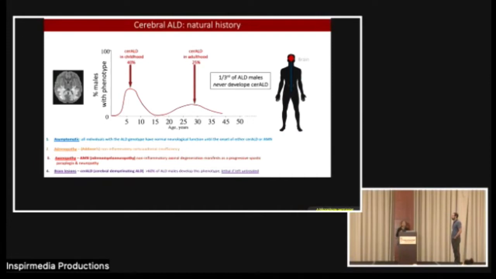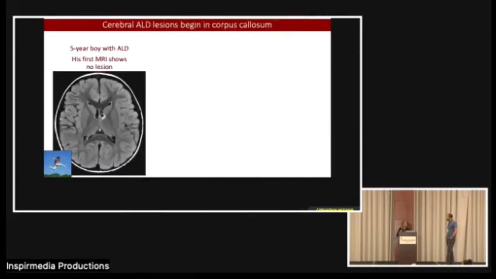Why does it happen? Sometimes the mutation is just a single mutation, sometimes it's a big deletion of part of the gene, but it cannot predict the phenotype of the disease. The different phenotypes make it very complex to understand the mechanism and to have a good model for this disease.